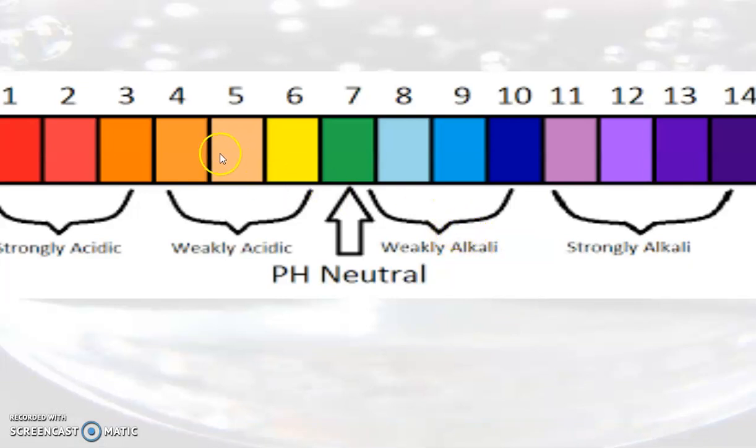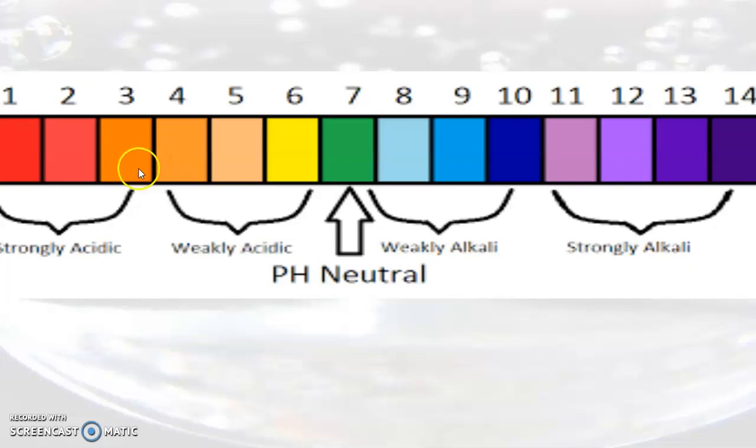Okay? So anything in these middle sets of brackets here are going to be things that have low concentrations of acids or low concentrations of bases, and they aren't going to be anything too terrible for you.